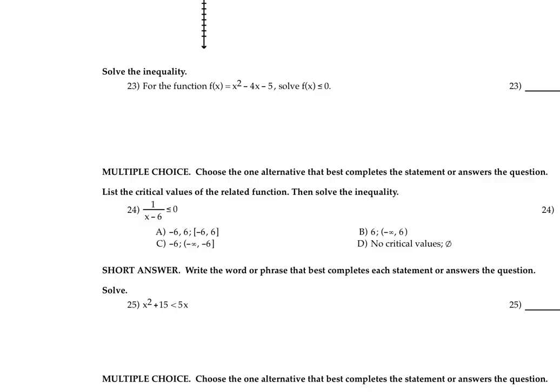We did one like this yesterday in our notes where it's a rational function that has asymptotes and some curves, and you can figure out the second part. But just by process of elimination, we can get to B, and you probably don't even have to put it into the calculator. But if you had two of them that had the same critical values, then you'd have to do a little bit of work to figure out what the solution would be.